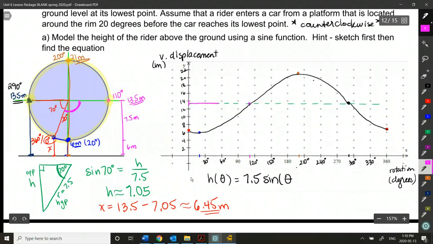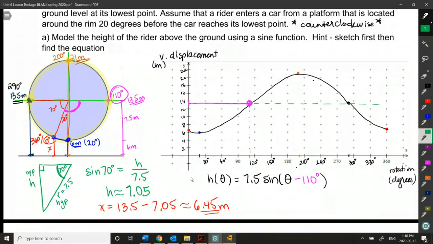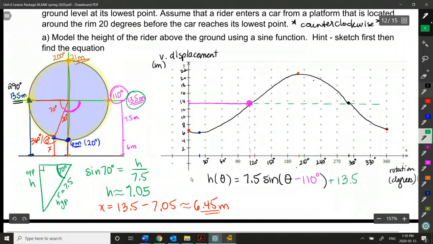And if I'm looking for a sine function, I'm actually looking for the rising midline. And this right here is the location of the rising midline. This happens at 110 degrees. So that is actually my shift, 110 right. And the midline, max plus min over 2, or you can just look at what you found here, is going to be plus 13.5.